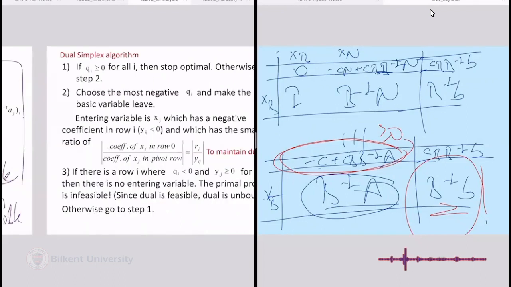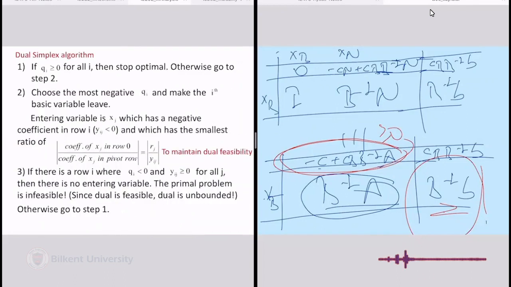Here is the wording of the algorithm. If the right-hand side is non-negative for every I, that means primal is feasible, so you can stop. Optimal. Otherwise, there is a guy with a negative right-hand side, a QI strictly less than 0. Remember, in the simplex we were entering the most negative.